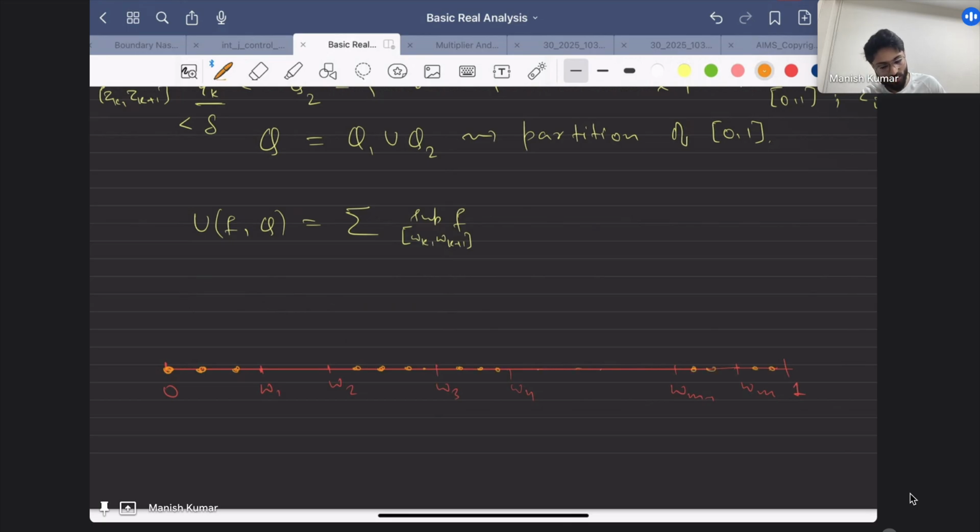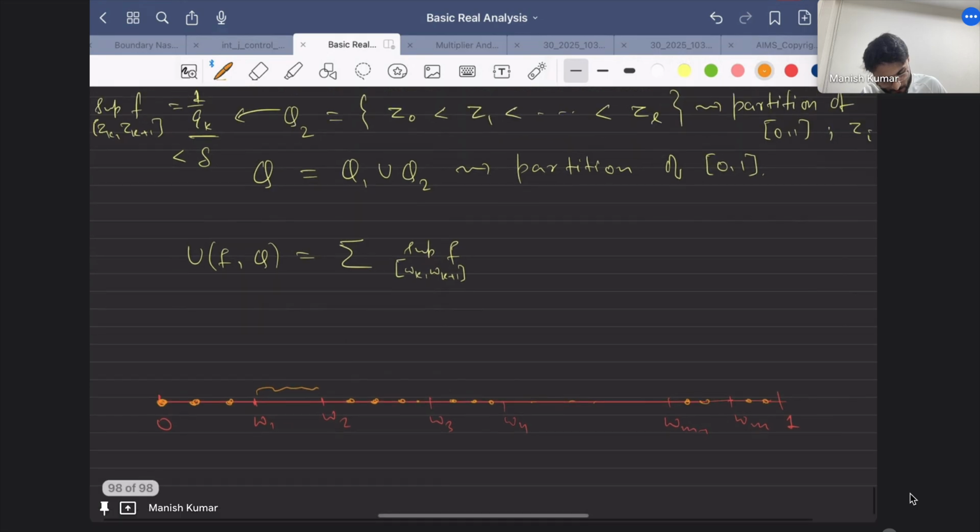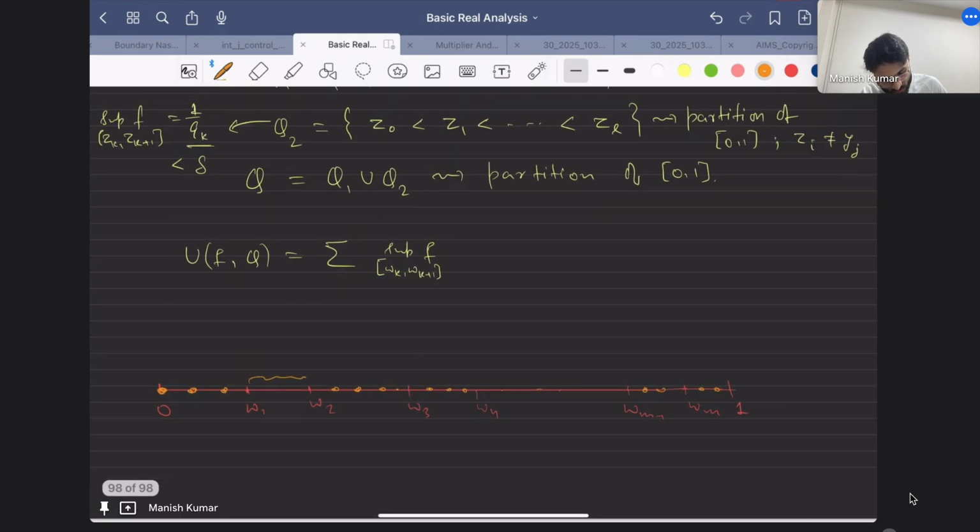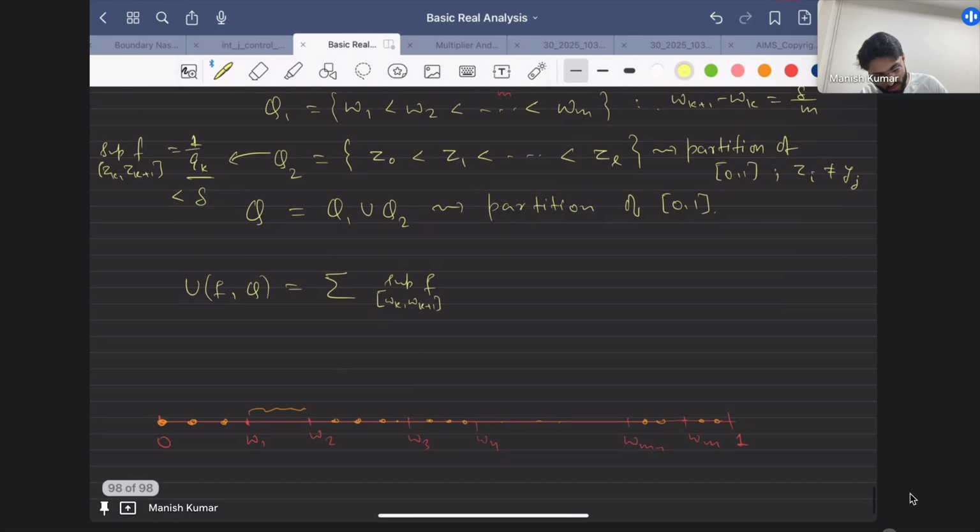Now here I will deal separately. Yes, sir, this is fine. I don't know how to write it. The main point is that I'll focus on this separately, and for the rest of the points, it is the supremum of f on whatever the interval is, multiplied by the length of the interval.